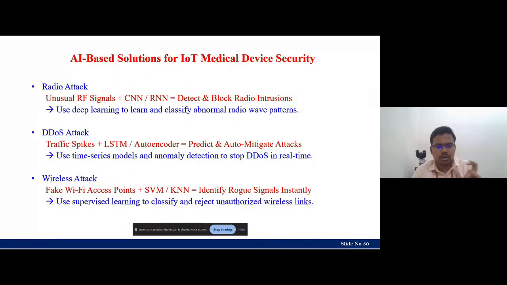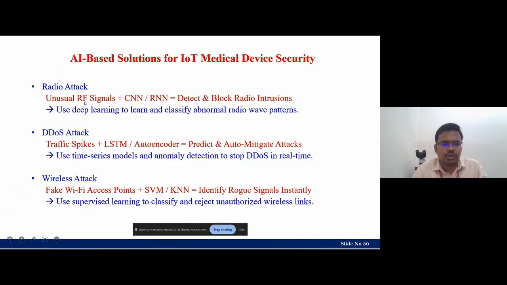So let me talk about them one by one. Radio attack uses radio waves, RF signals. It's a kind of side channel attack. A device keeps producing some kind of radio frequencies, and using receivers, if you are able to capture the radio frequency pattern, you can create an attack.